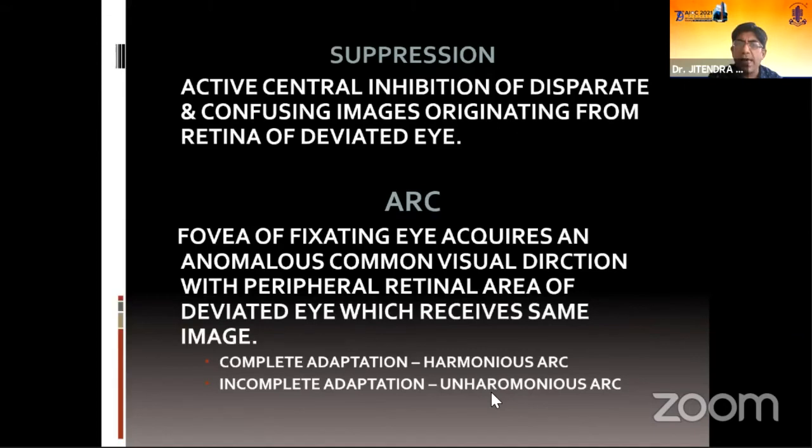Suppression is active central inhibition to avoid confusing images which originate from the retina of the deviated eye. Because if you are seeing two images, one of the images has to be either suppressed or removed so that you don't have double vision. This can occur only when the visual system is still immature. And you may have another adaptation, which is abnormal retinal correspondence, which is of two types, harmonious and unharmonious.